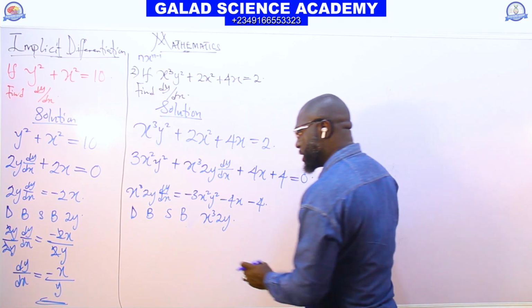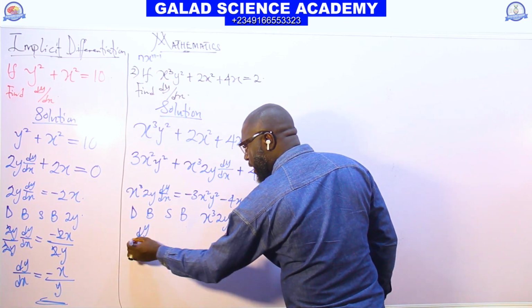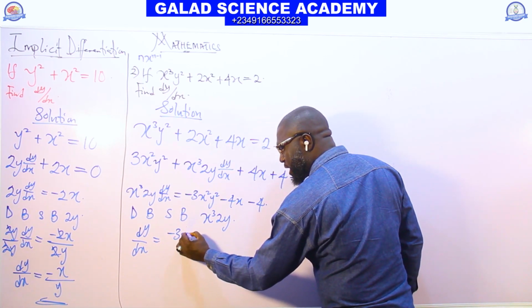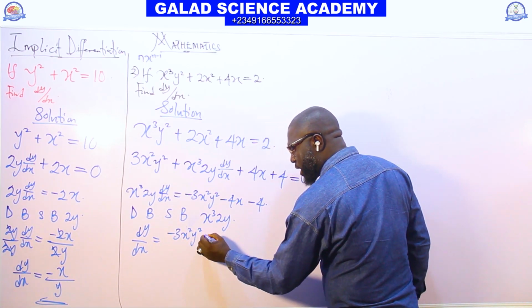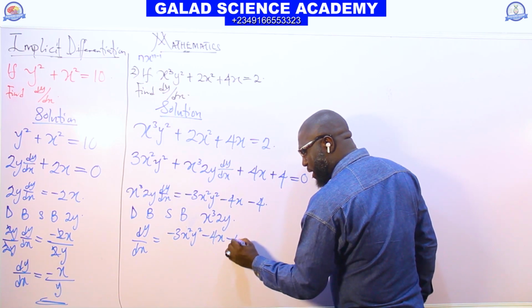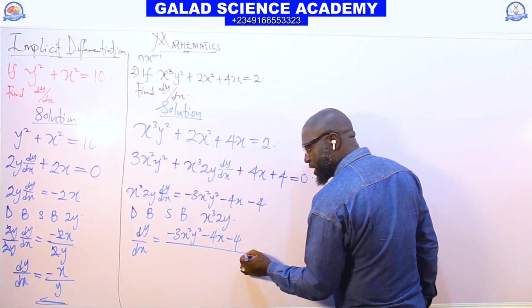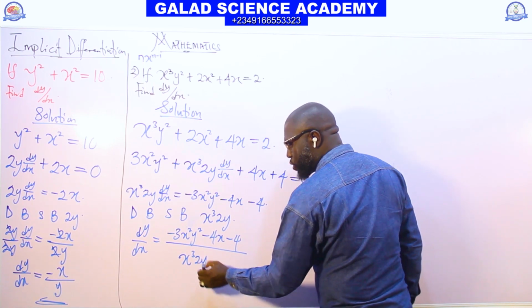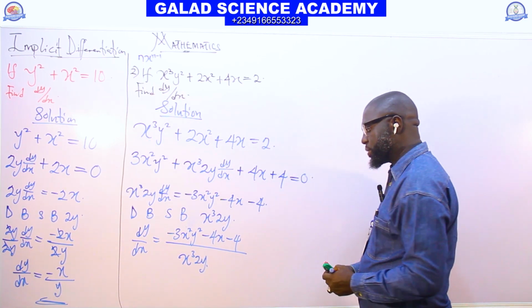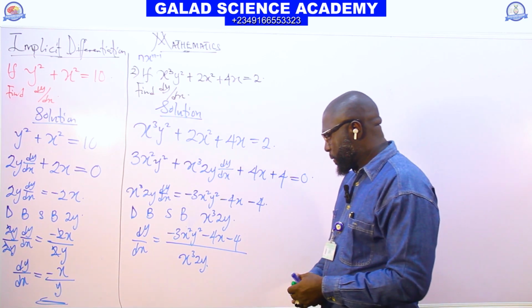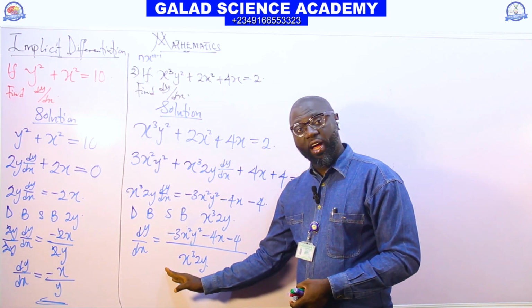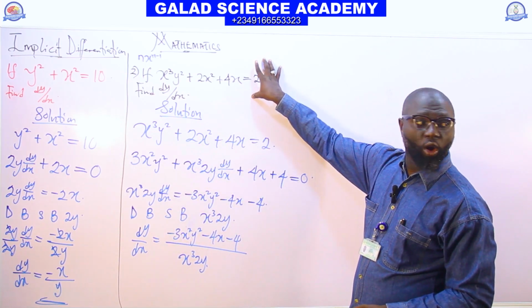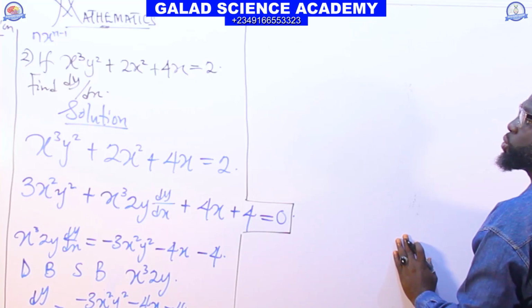By doing this, we have dy/dx equal to minus 3x squared y squared minus 4x minus 4, everything over x cubed 2y. So this is really the final answer for this kind of question.